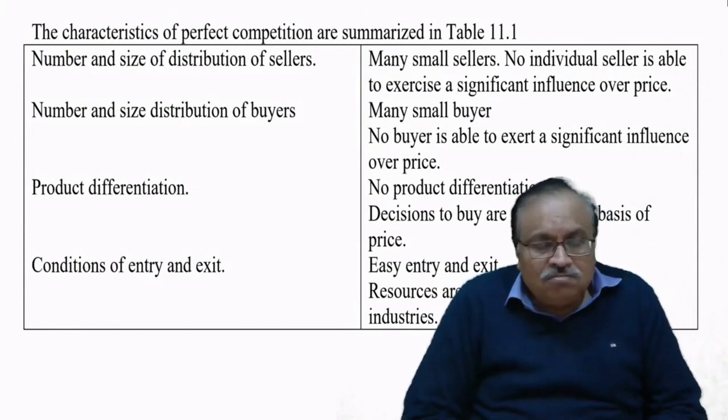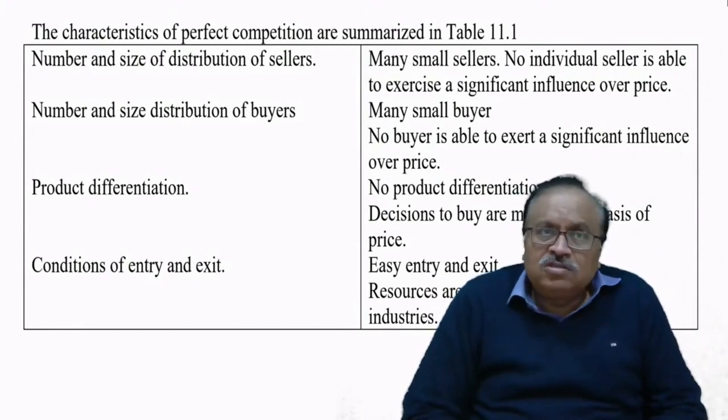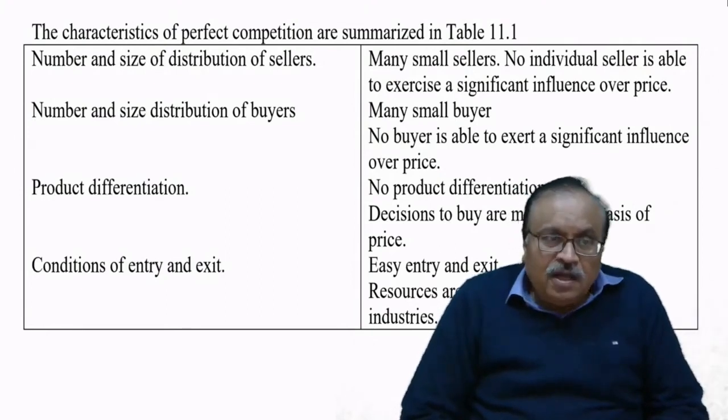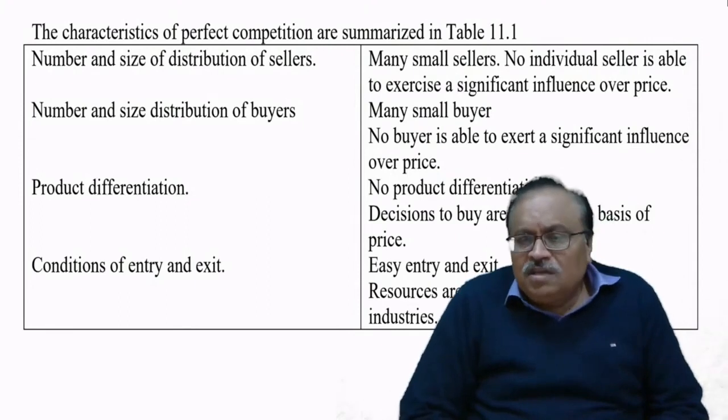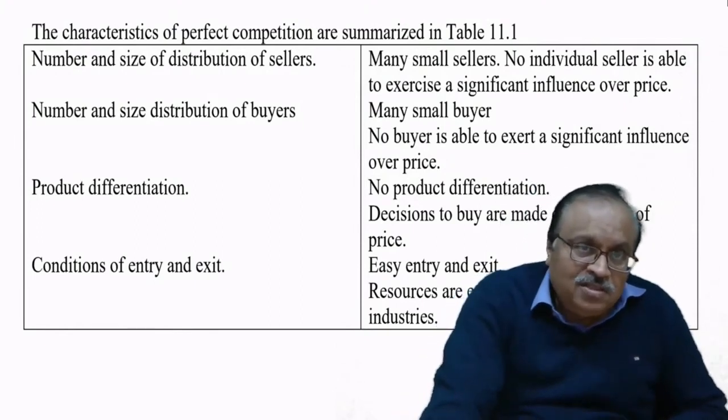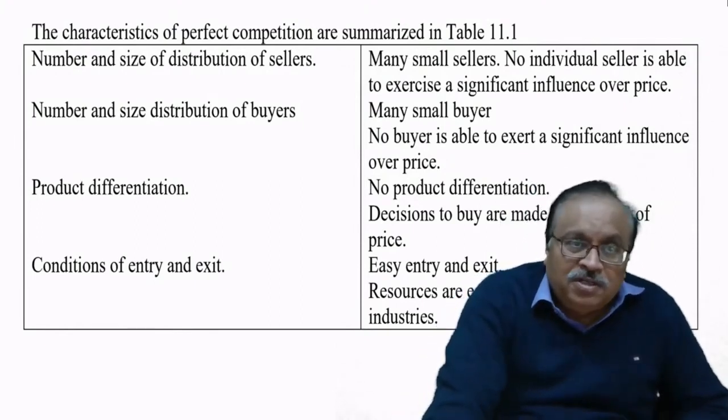Product differentiation, none, almost identical. Decisions to buy are made on the basis of price, and conditions of entry and exit: easy entry, easy exit. Resources are easily transferable among investors. So these are the characteristics of perfect competition.